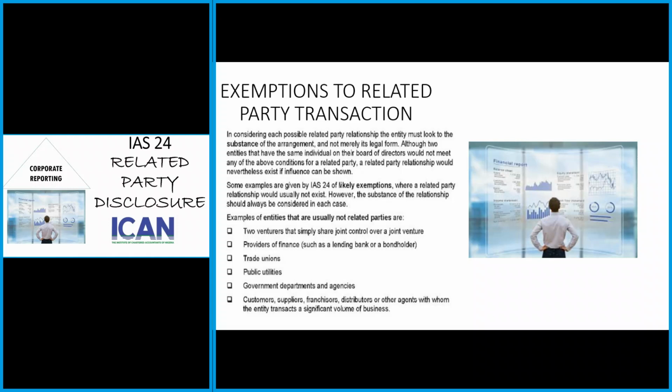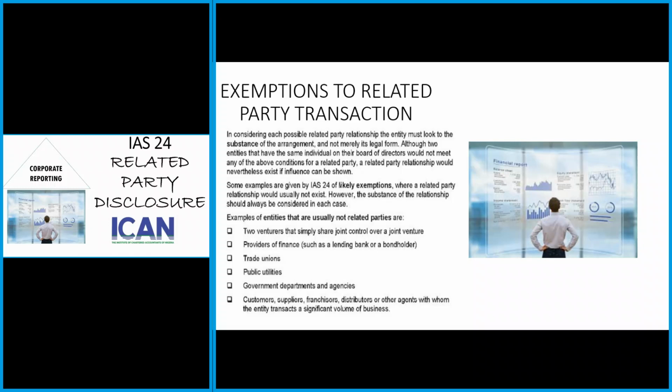Provider of finance, your banker, the financial institution that you bank with, does not make them a related party to you. Trade unions, public utilities. Everybody knows that public utilities belong to the government.